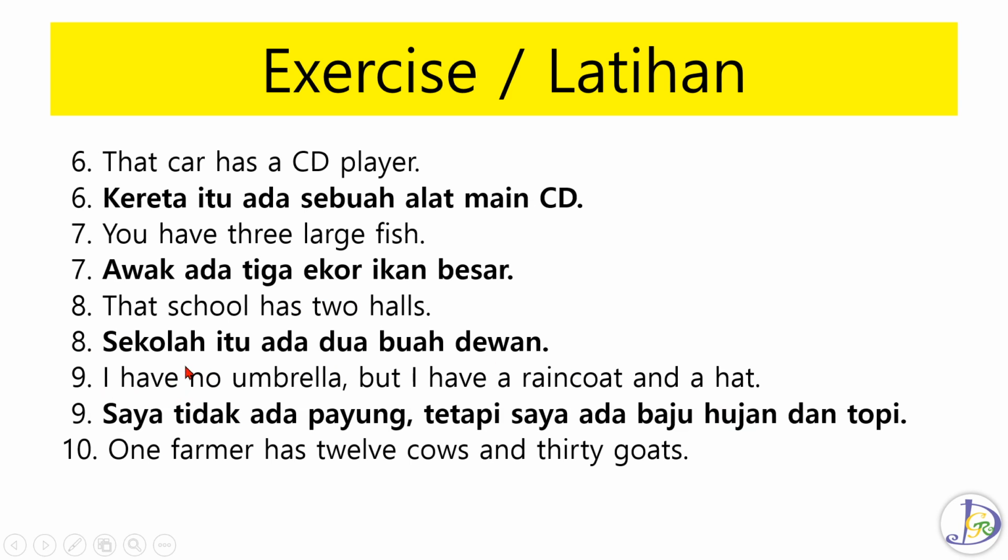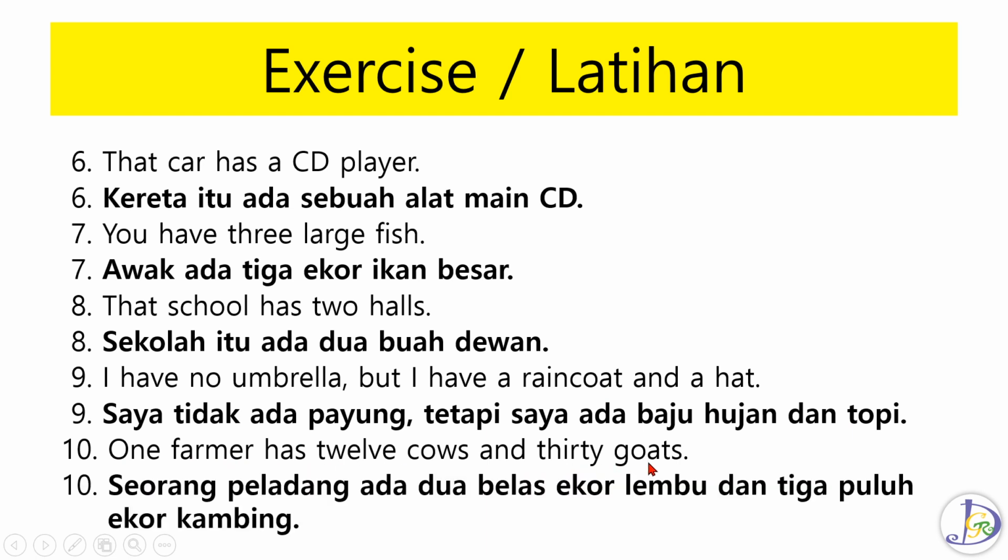Saya tidak ada payung, tetapi saya ada baju hujan dan topi. Baju hujan, raincoat. Hat, topi. Nombor 10. One farmer has 12 cows and 30 goats. Seorang peladang ada 12 ekor lembu dan 30 ekor kambing.